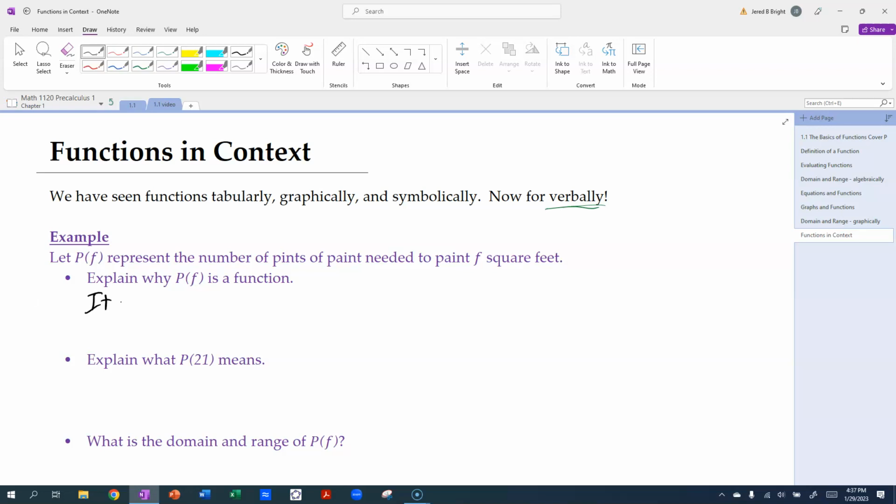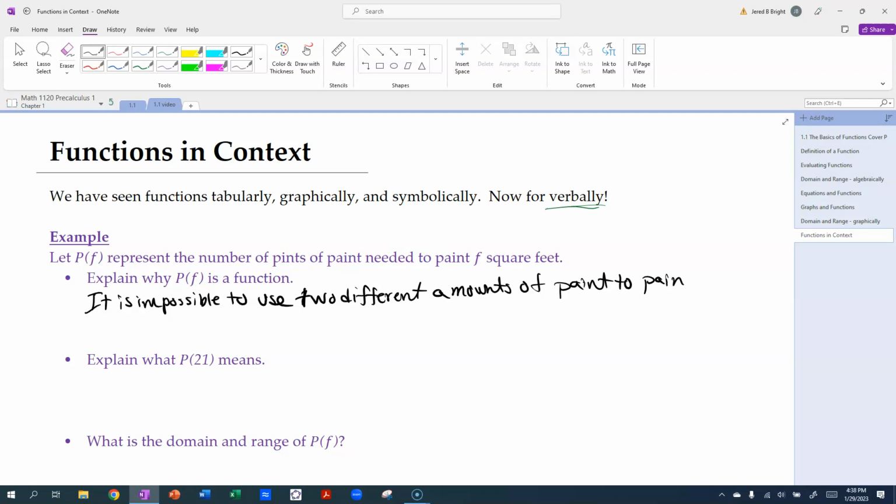It is impossible to use two different amounts of paint to paint the same number of square feet.